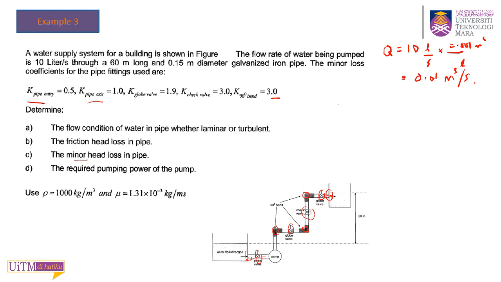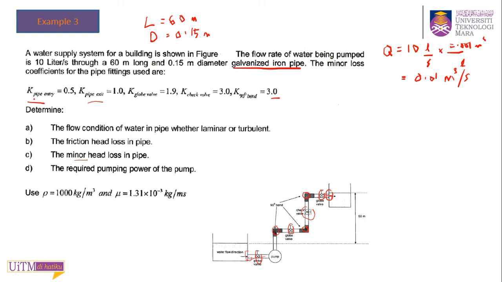Through a 60 meter long pipe, so your pipe length is 60 meter, and 0.15 meter, so your diameter of the pipe is 0.15 meter. And it is a galvanized iron pipe, so this is the material of the pipe. They give you the minor loss coefficients for the pipe fittings used.